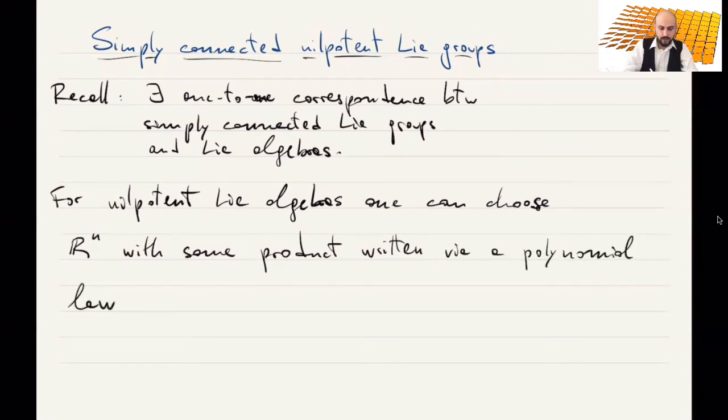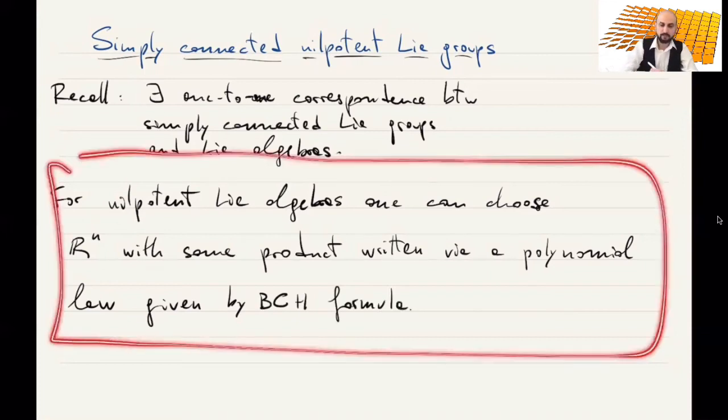And this can actually be computed, given by the Baker-Campbell-Hausdorff formula. Okay, so I will try to explain more about this statement.